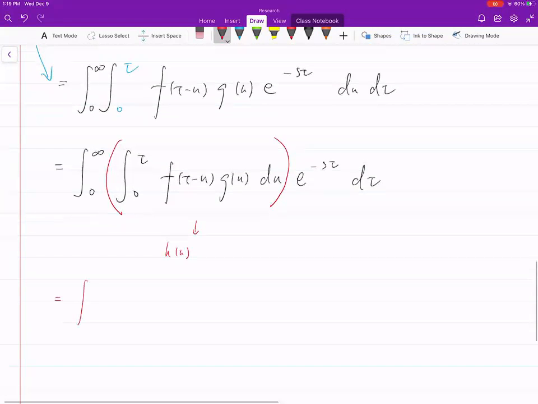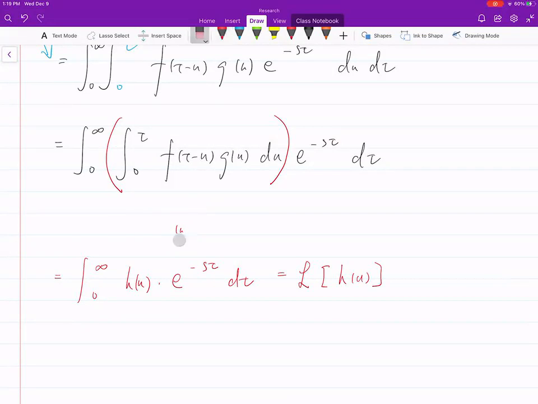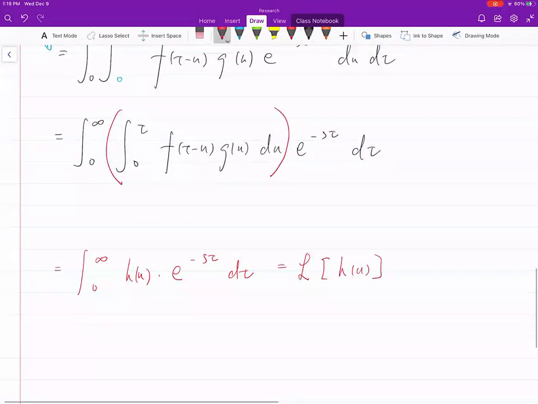From here, you can see this is nothing but the integral from 0 to infinity of h(u) e^(-sτ) dτ, which is the Laplace transform of h(u). Then we finished what we need to do.